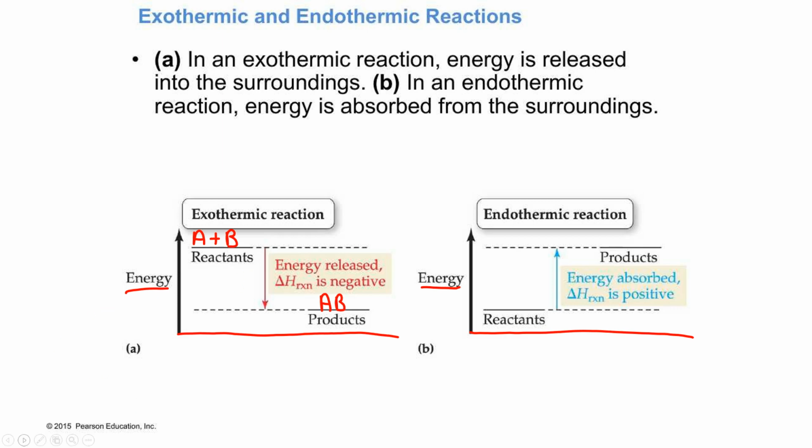All right. The products have low energy. So that means that as that reaction flowed, we had a change in energy. And that was a negative change in heat because the overall energy lowered.